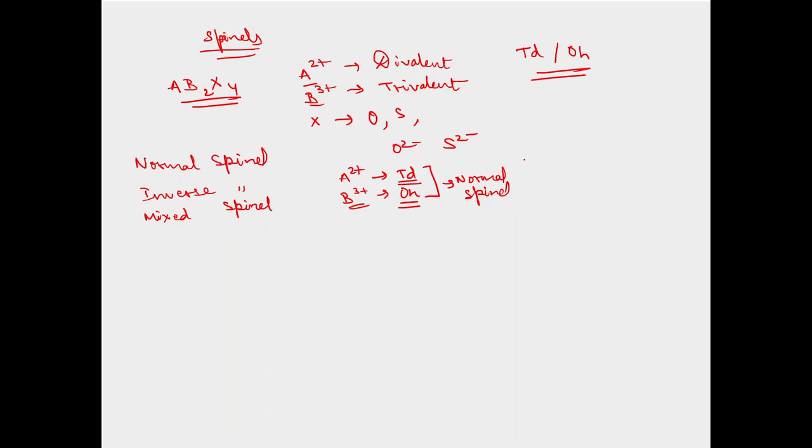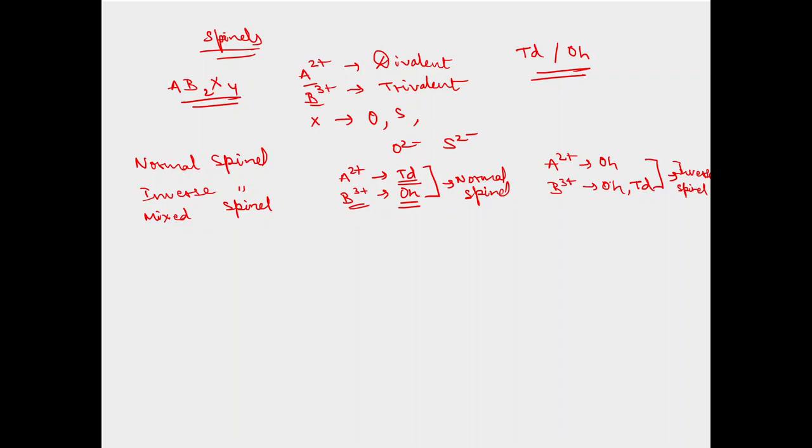But if A2 plus is present in octahedral voids and half of B3 plus is present in octahedral and the other half in tetrahedral, then the structure we get is inverse spinel. And if it is normal in some places and inverse in others, the mix of that is mixed spinel.